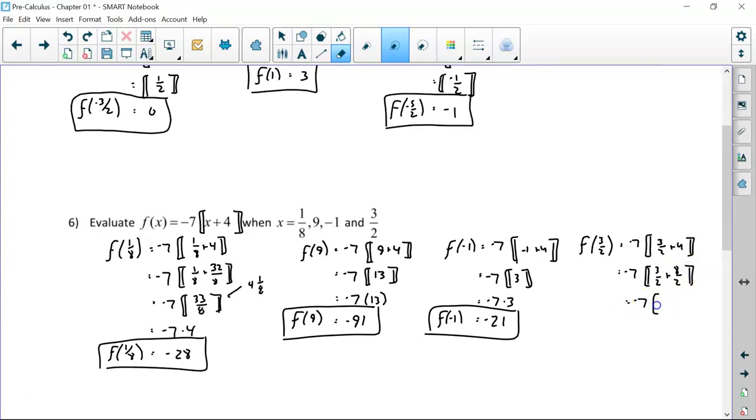Negative 7 times greatest integer of 11 halves. And 11 halves is 5 1/2. So it's negative 7 times. And the greatest integer less than or equal to 5 1/2 is 5. So it's negative 7 times 5. So it's negative 35. That's f of 3 halves.